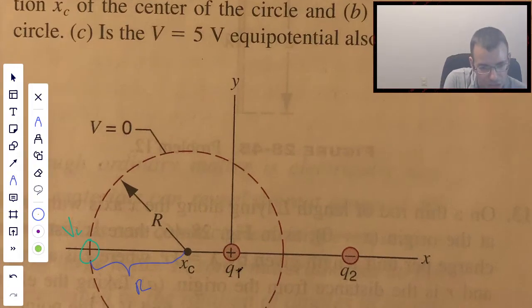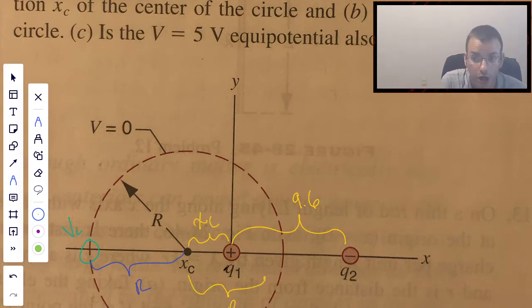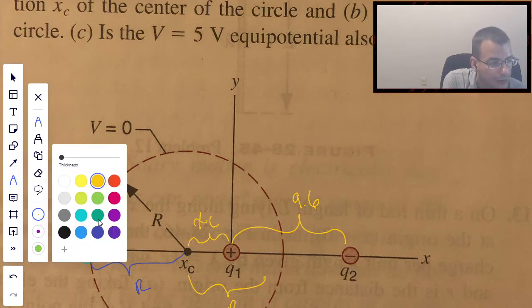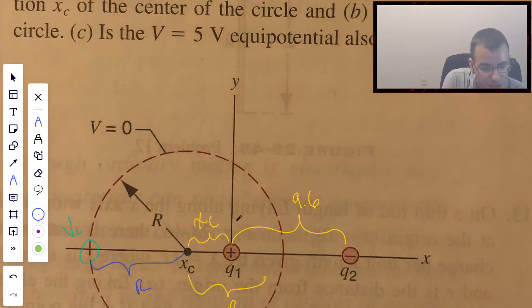So this distance right here is 9.6. This distance right here is xc. This distance right here is r. Therefore, this distance right here is going to be r minus xc.